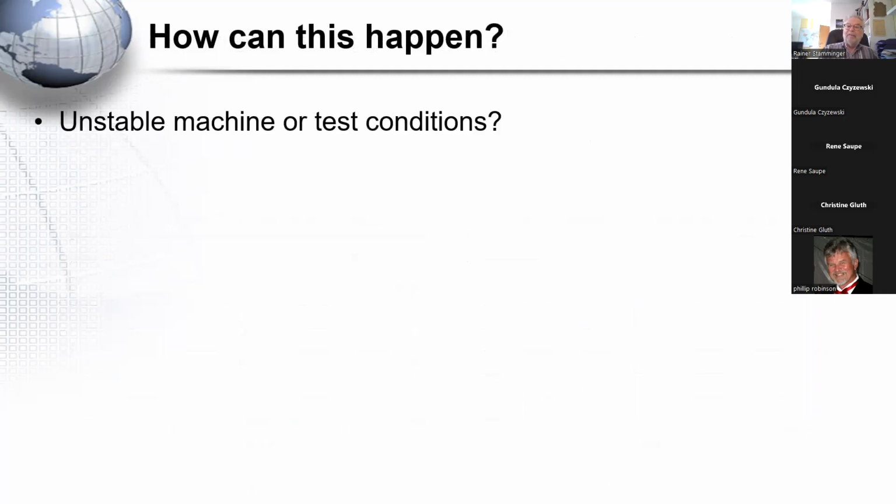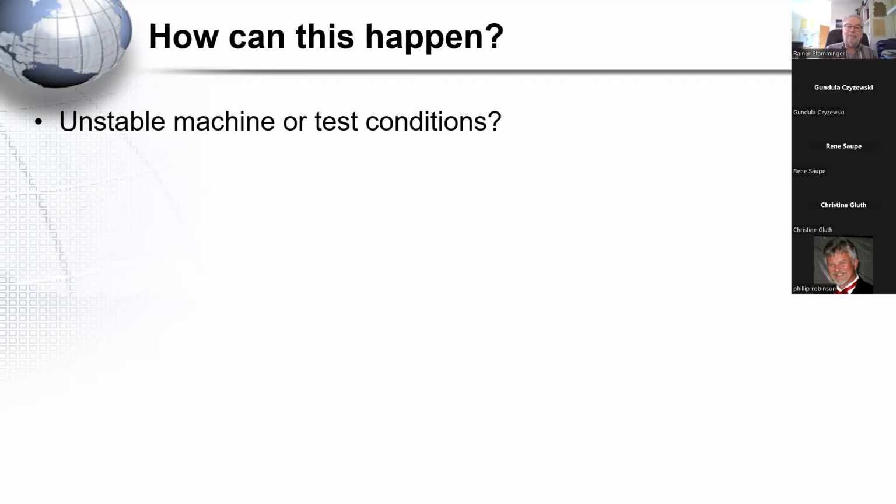Let me explain what could cause such an unstable behavior of the machine. Actually, when we just see the data, we are not sure what it is. Is it an unstable behavior of the machine, or are the test conditions not stable so that the machine is switching from one cycle to another?